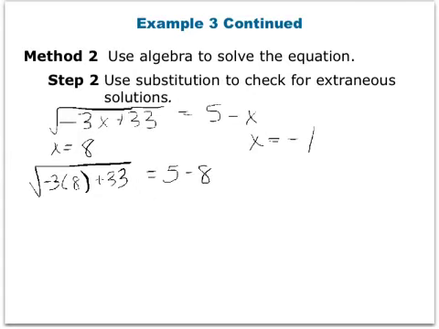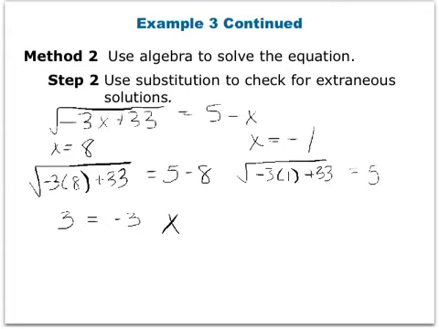Okay, pulling out my handy dandy calculator. Plus 33. I have 3 on this side, negative 3 on that side, so that does not work. Chances are the other one's going to, but let's go ahead and check it. The square root of negative 3 times negative 1 plus 33 equals 5 minus a negative 1.